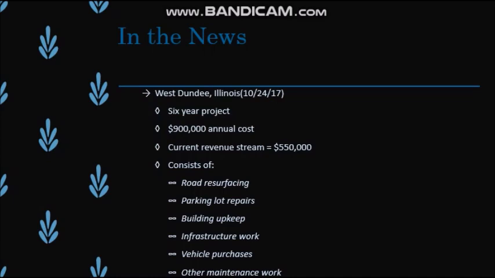And they're expecting that it would cost $900,000 each year when they only have $550,000 of revenue coming in. So they need to figure out how they are going to finance this capital project that they are wanting to complete.